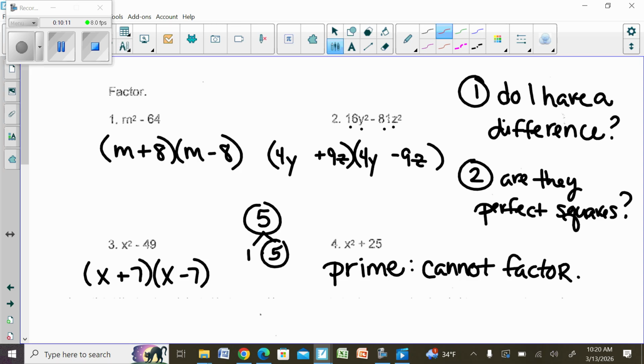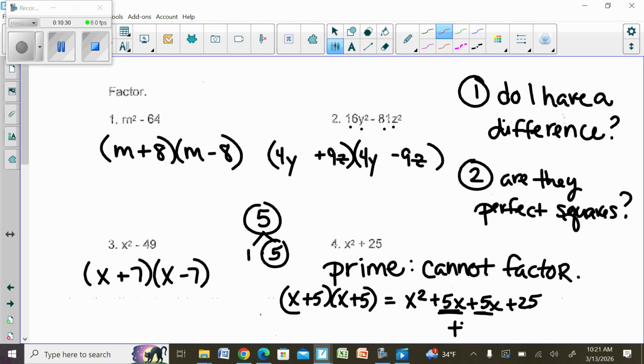Some people argue, well, what if you did x plus 5 times x plus 5, right, to get that plus sign? This is going to give you outer inner. It's going to give you a trinomial. This is going to give you x squared plus 5x plus 5x plus 25. Okay, so these two plus 5x's would make a positive 10x.